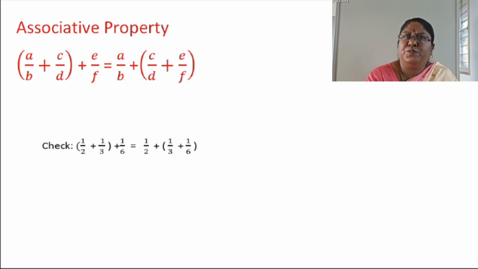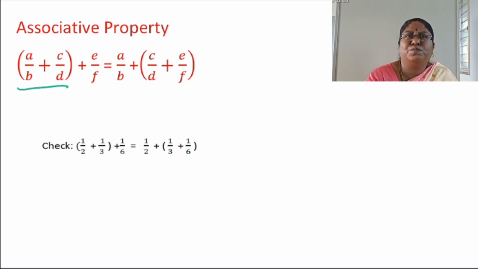Next, the associative property. I have already said, association means what? Many members join together to make one club or group. Here we are taking only 3 numbers. In the first set, we are getting the pairs: A by B plus C by D. They are getting added.